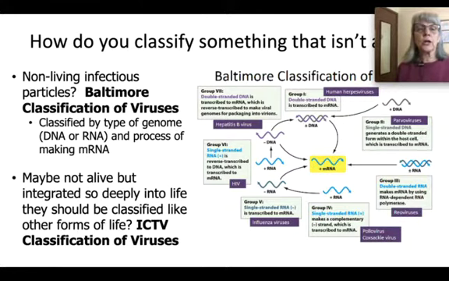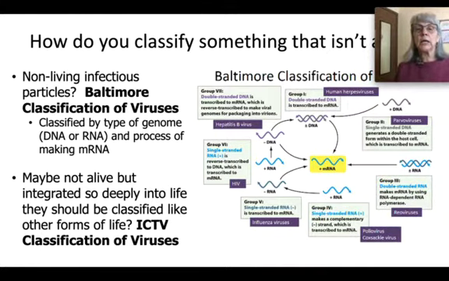Because of these 2 criteria, viruses in this classification system are broken into 7 groups. The 7 groups are shown here in the diagram: Group 1, Group 2, Group 3, Group 4, 5, 6, and 7.